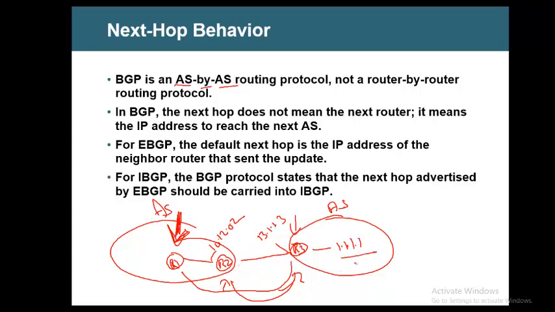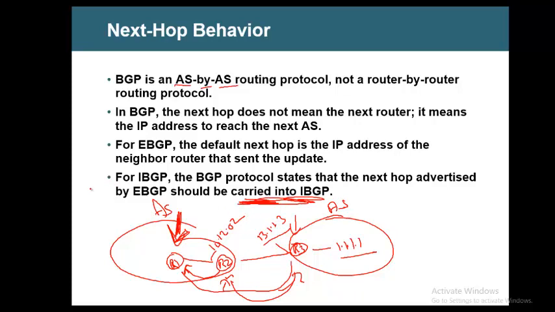You see this 1.1.1.1, router 3 is advertising to router 2. Router 2 will be advertising to router 1, but when router 2 advertises, the next hop is carried. Meaning the 13.1.1.3 is carried into IBGP.